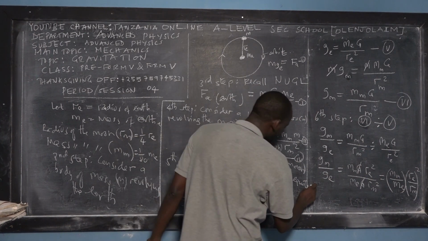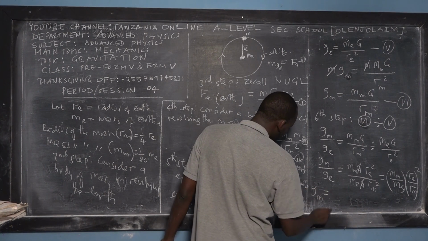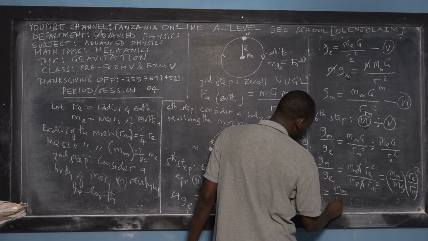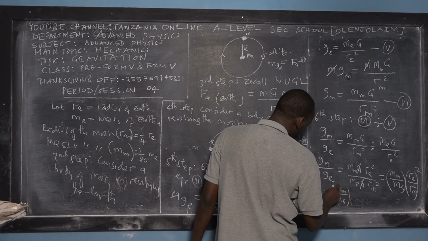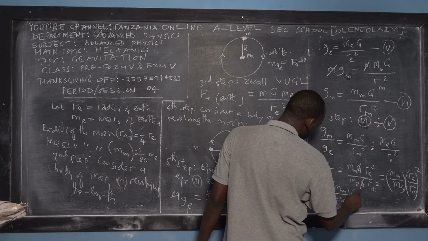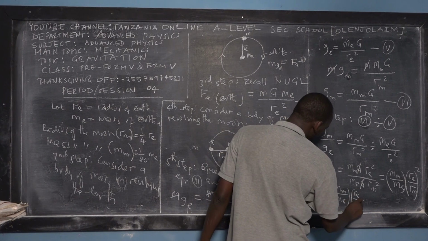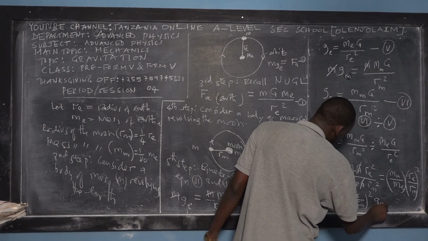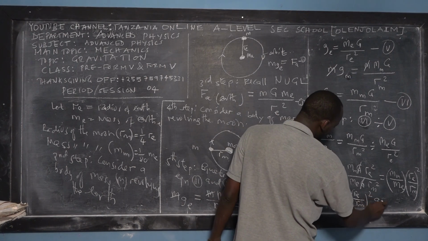So the acceleration due to gravity on the moon surface is the mass of the moon over the mass of the Earth, times the radius of the Earth surface over the radius of the moon surface squared, times g, the acceleration due to gravity on the Earth surface.